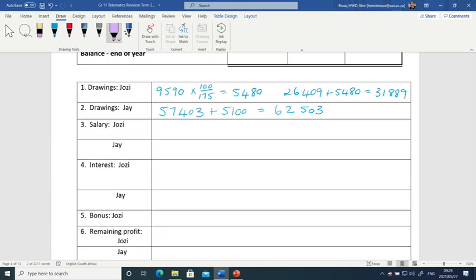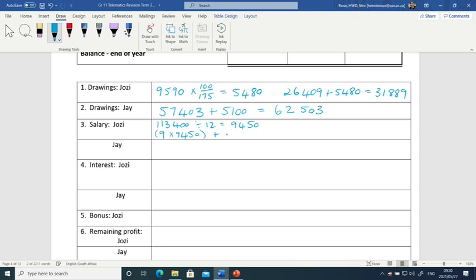Josie's salary, we first have to calculate per month. So that amount given, the 113,400, if we divide that by 12, then we get her per month salary, 9,450. From the 1st of March, April, May, June, July, August, September, October, November, for 9 months, you will receive 9,450.